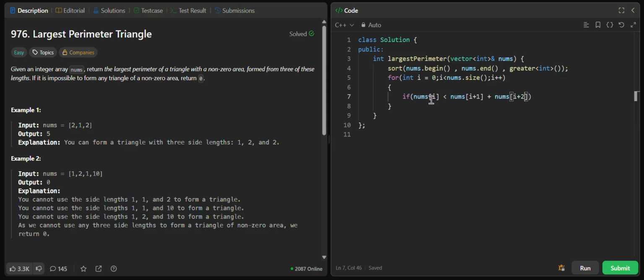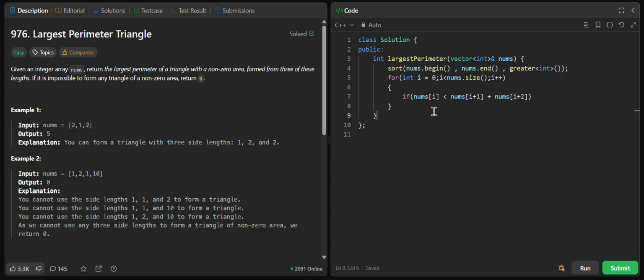Now you will be thinking that we are only checking A less than B plus C. Why are we not checking B less than A plus C, or C less than A plus B? Because nums of i is the biggest size among these three.